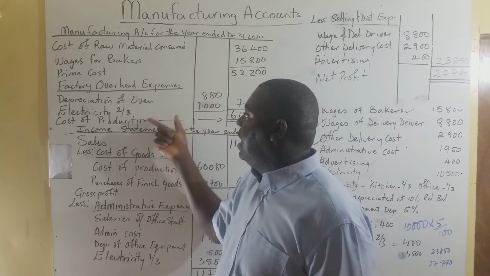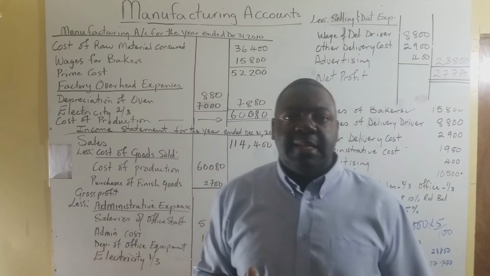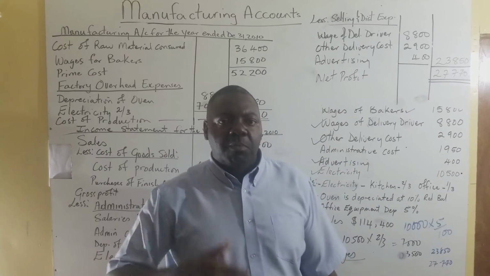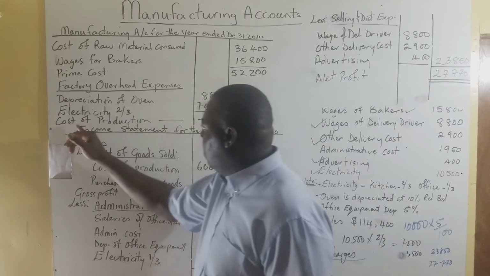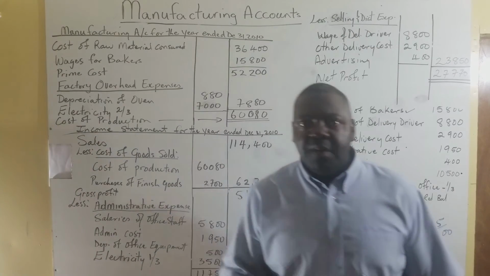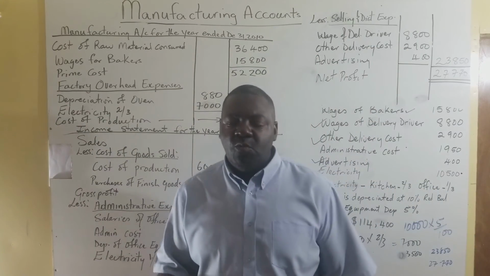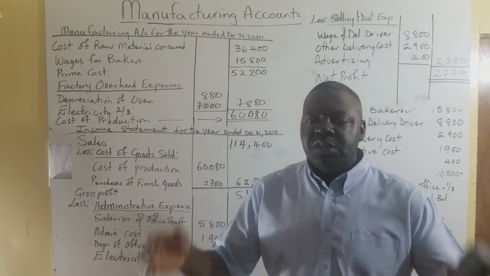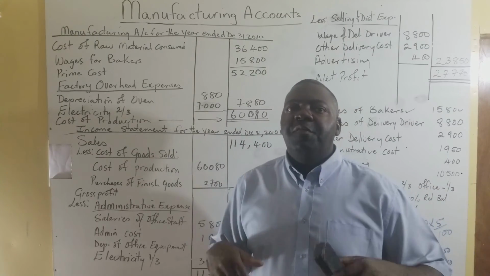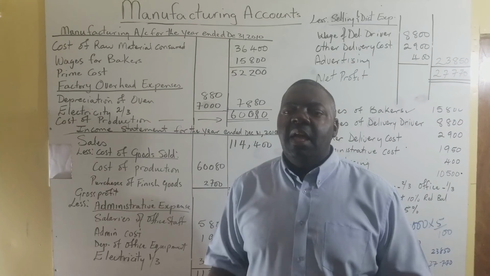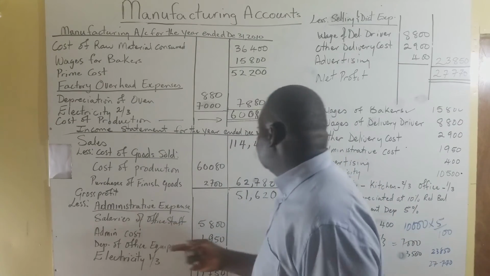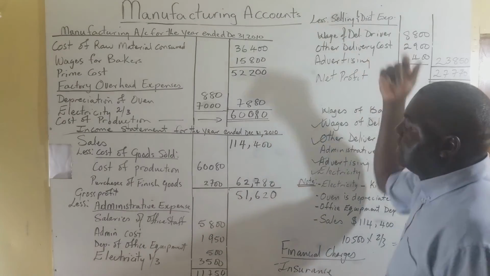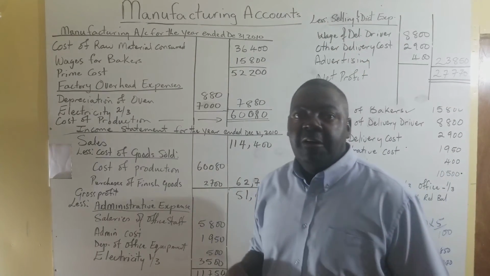In factory overhead, remember that depreciation relating to plant and machinery is adjusted in the factory overhead. Other fixed assets, once they are not being used in the manufacturing part of the business, are considered either under administrative expense or selling and distribution expense.